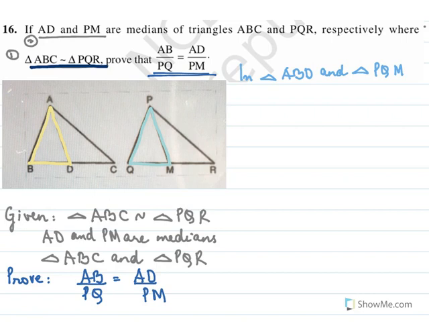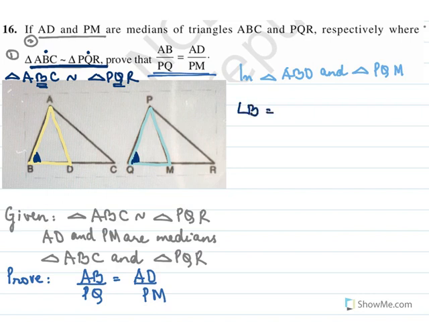If ABC is similar to PQR, we can say that B is equal to Q. Let me write that somewhere here. So if triangle ABC is similar to triangle PQR, I can write angle B equal to angle Q, because the larger triangles are similar.